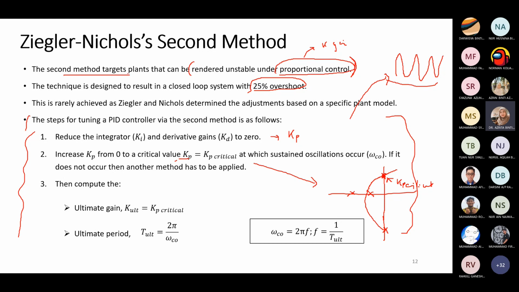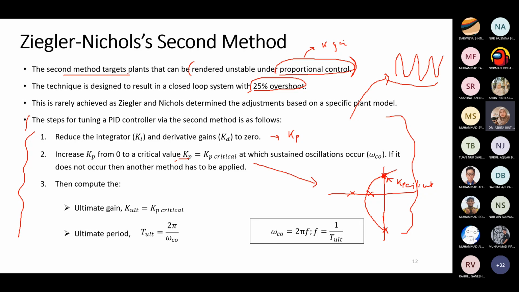That means the Ziegler-Nichols second method technique is not suitable for your system. So you need to use another method to design your PID controller. Ziegler-Nichols is only suitable for a system where we can obtain the oscillation, or our pole will be on the imaginary axis.